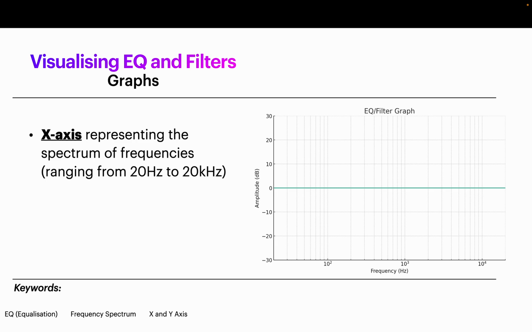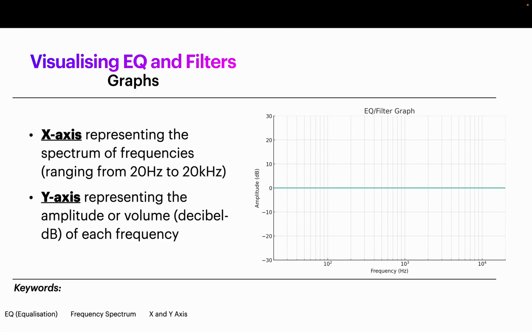The x-axis ranges from 20 hertz, which is the lowest that we can hear, up to 20,000 hertz or 20 kilohertz. This will always represent frequency. The next axis is the y-axis, the vertical one going up and down, and that represents volume or decibels.